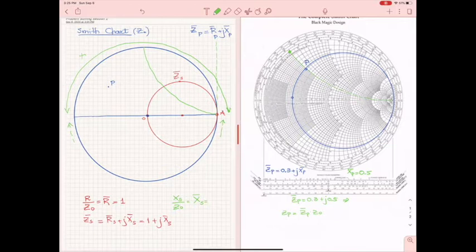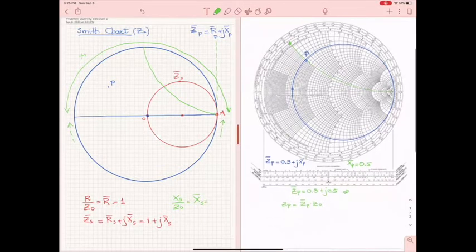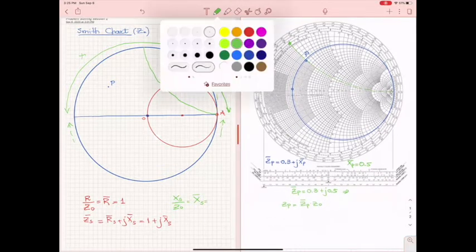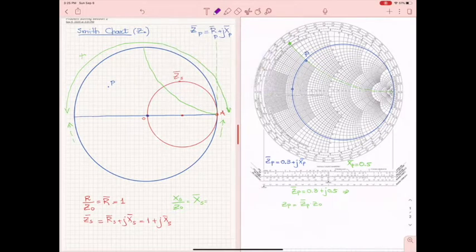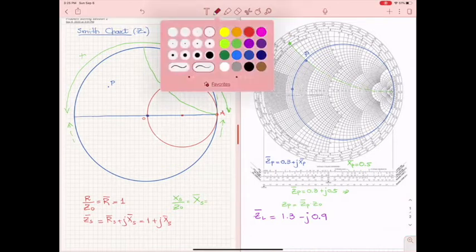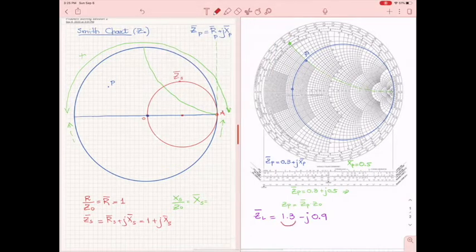If somebody gives me a normalized Z load of 1.3 minus j0.9, let's see where the point is. First of all, I have to find 1.3, which is the resistive part, normalized.